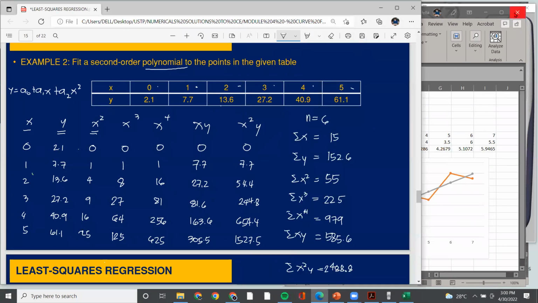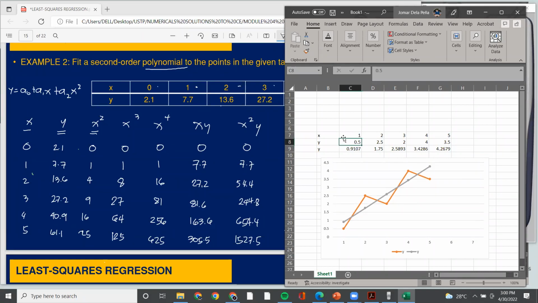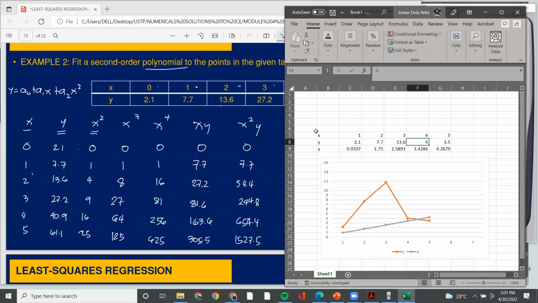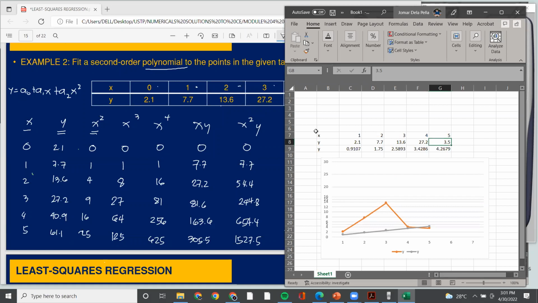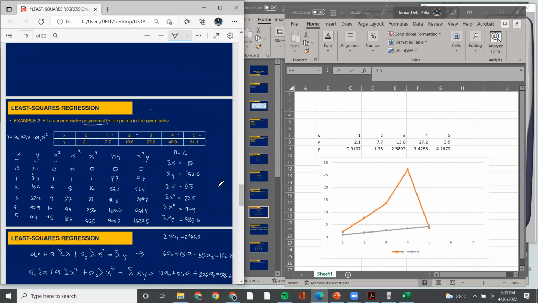We have 5 data points. The data: 2.1, 7.7, and 13.6. It is not a curve, because it is linear. Change it to quadratic, that is the 2. We start the data at 0: x is 0, 1, 2, 3, 4, 5.